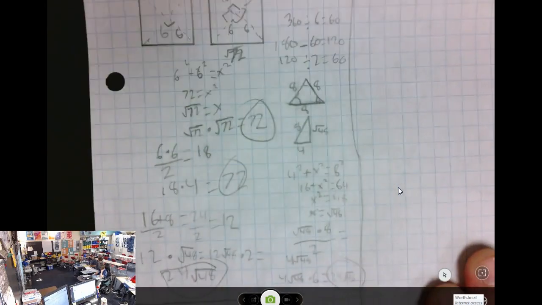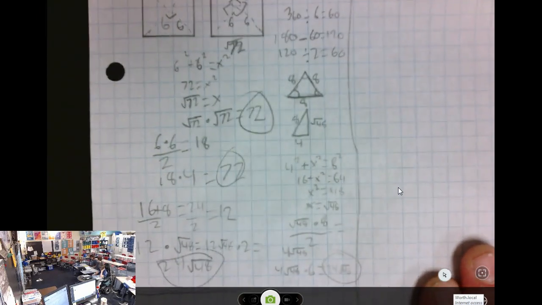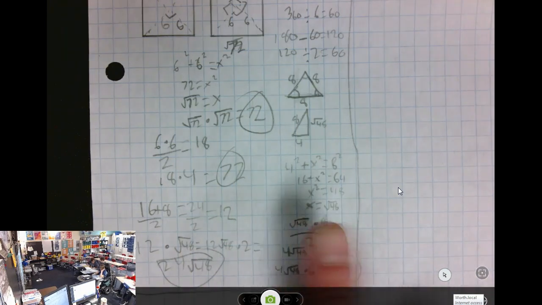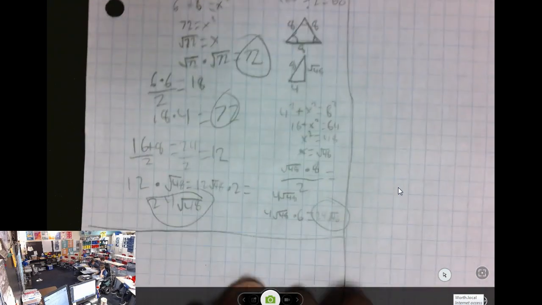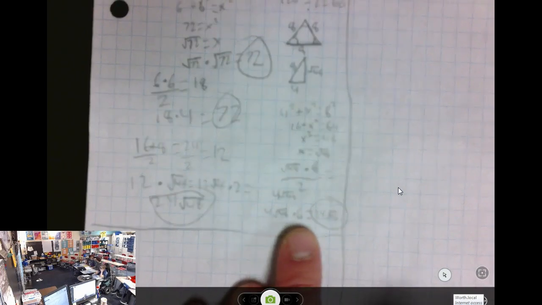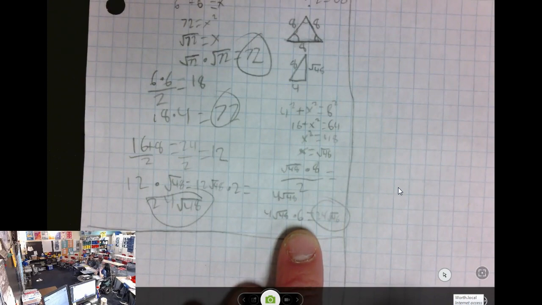And then you can find the area of the triangle through the Pythagorean theorem. I dropped an altitude, used the Pythagorean theorem, and found the area of 1. Multiply by 6. And then for the other one, I just grouped together 3 triangles.